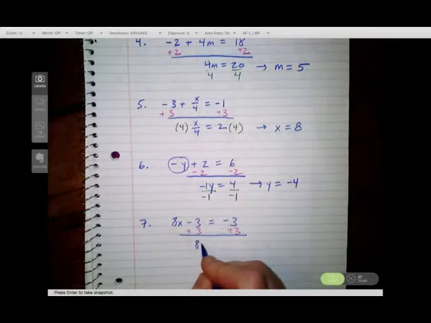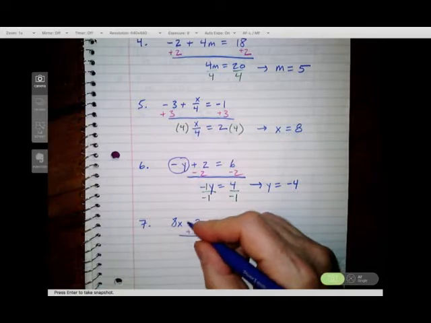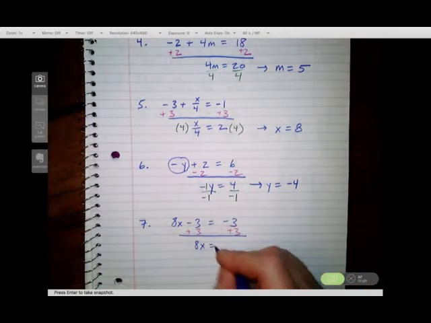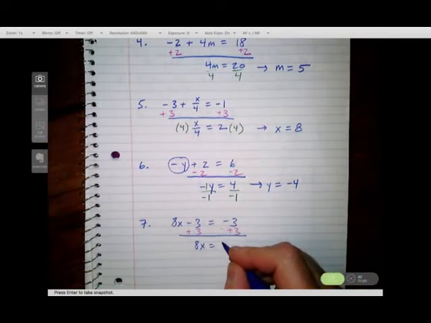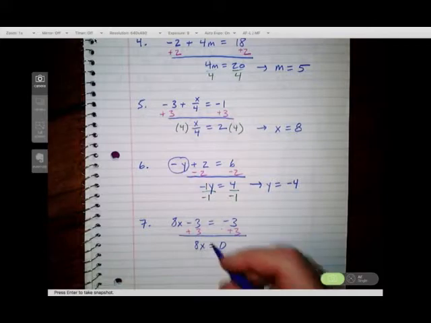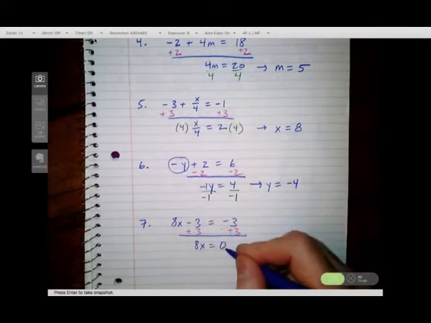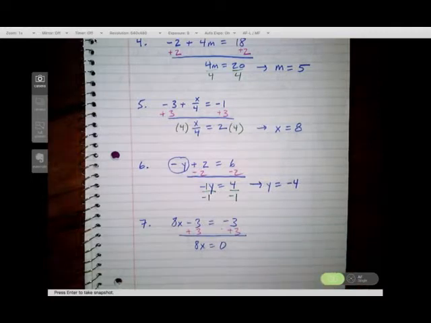What's left on this side is 8x, because negative 3 and positive 3 make a 0, and they cancel out. But look at that, negative 3 and positive 3 make a 0. So, whoa, that's kind of weird, but you know what? 0 is just a number. It's fine. 8 times what number is 0? Well, the only way to multiply two numbers together and get a 0 is if one of them is 0.